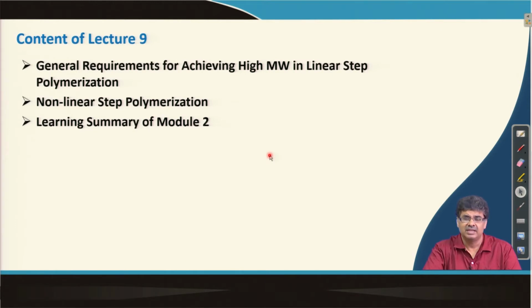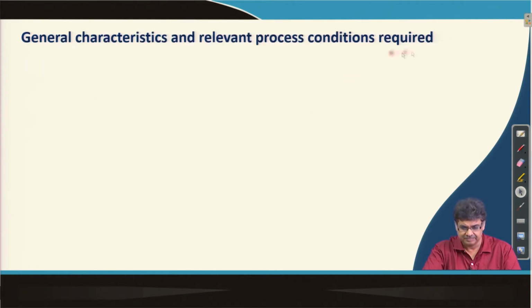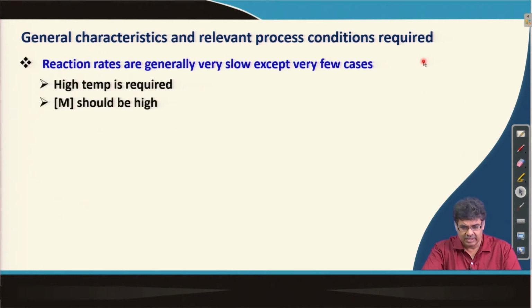So, for that let me again revise and sum up the learnings we learned during this step growth linear polymerization, to say what are the requirements for achieving high molecular weight in linear step growth polymerization. Now, we know that the reaction rates are generally very slow except in a few cases.